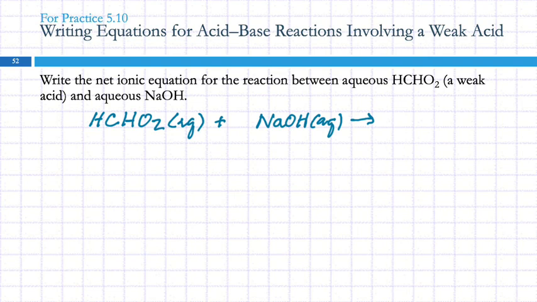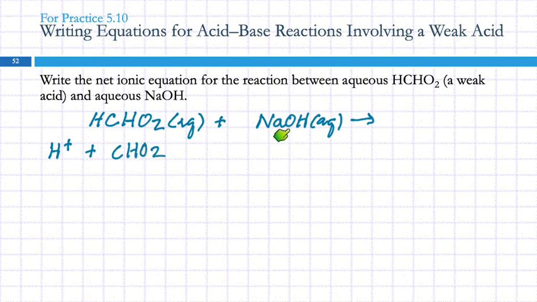Well, we're going to look at the partners to predict the products, right? So this is an acid. We should recognize that because it starts with H. I don't expect you to know what its name is, but we're going to take the H off, and everything that's left there, CHO2, is going to be the other anion, right? So I'm going to have H plus, and I'm going to have CHO2.